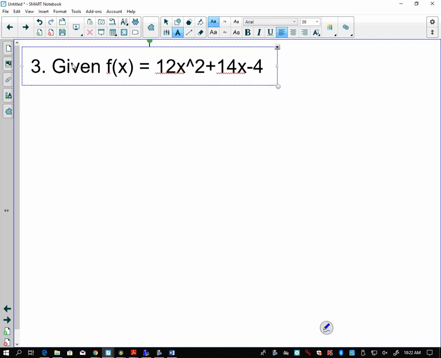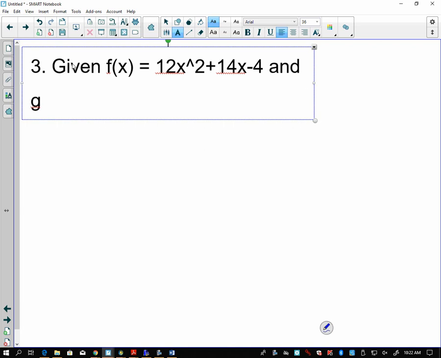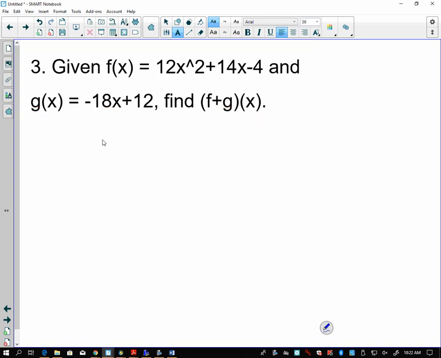Okay, and we're going to say g of x equals negative 18x plus 12. We want you to find f plus g of x. Okay, that's the question. Okay, f plus g of x.